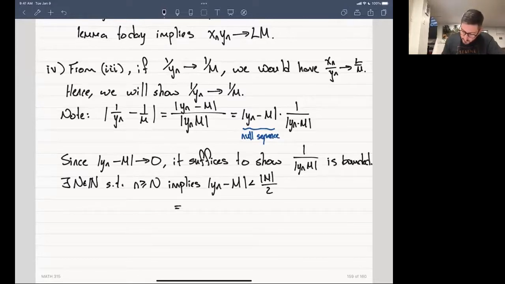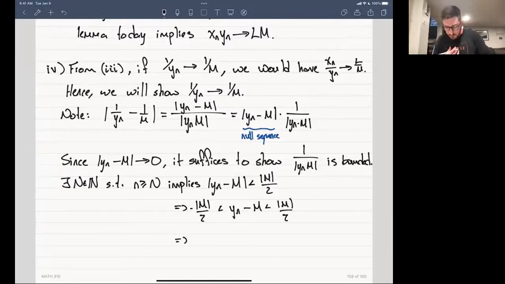But if I open this up a little bit, I am going to get negative the absolute value of m over 2 is less than yn minus m, which is less than the absolute value of m over 2, which gives me, if I rearrange this thing, m minus the absolute value of m over 2 is less than yn, which is less than m plus the absolute value of m over 2.